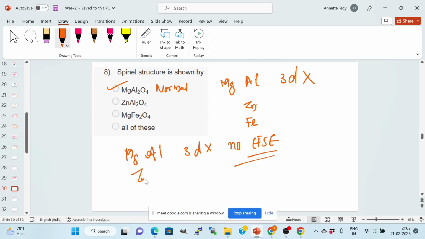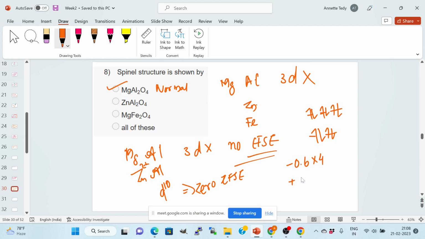For zinc and aluminum, it is the same case, because zinc in the 2+ state has d10. A d10 configuration will have 0 CFSE, right? In tetrahedral or octahedral also, it is minus 0.6 into 4 plus 0.4 into 6.